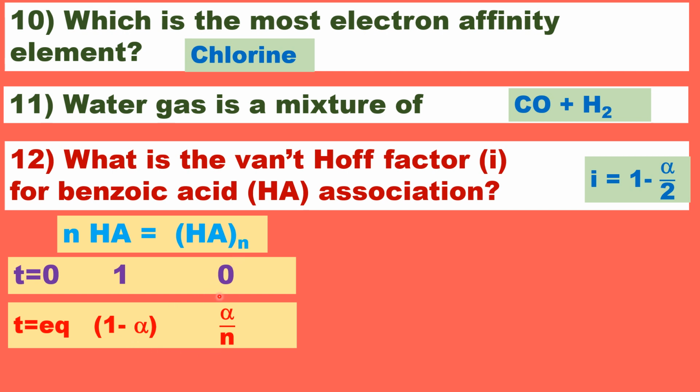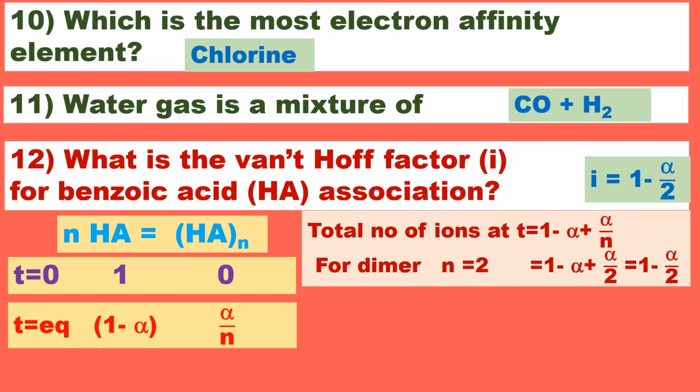So this will be 1 minus alpha and alpha by n. You can also put C, and here C into 1 minus alpha, and C alpha by n. You will get the same formula at the end when you calculate the i value.